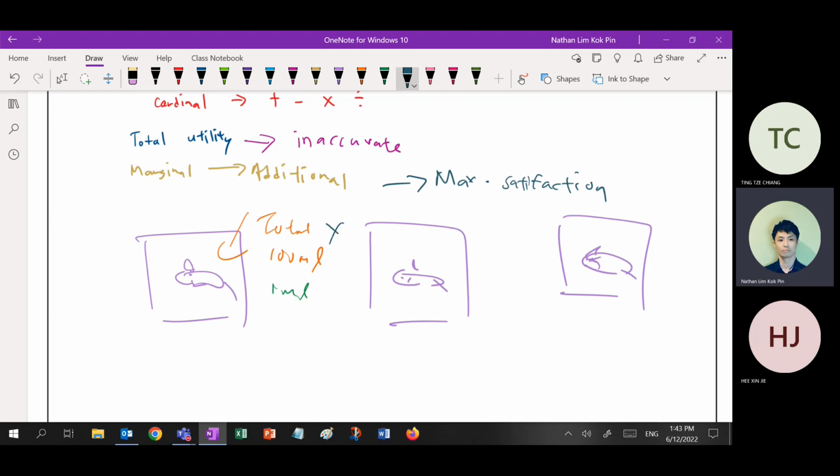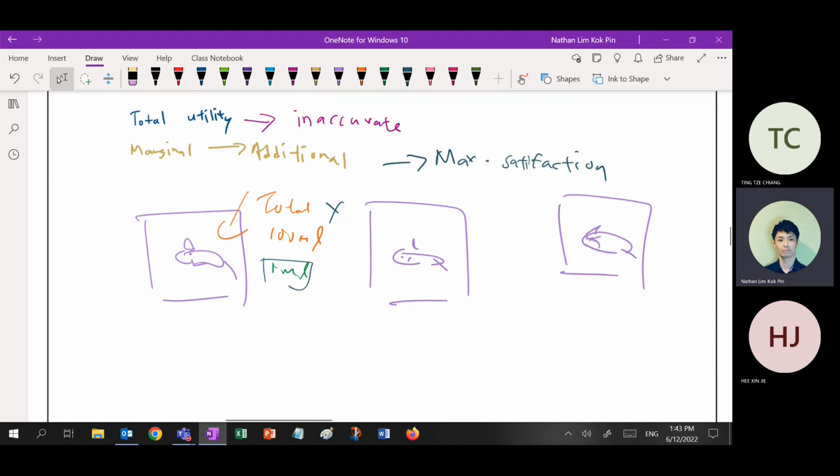We still don't know what's the maximum dose that we should put. Otherwise we go 1 milliliter slowly until the cancer cell is cured and the rat is not dead. Then it's the maximum. That's why we use marginal, which is more accurate.